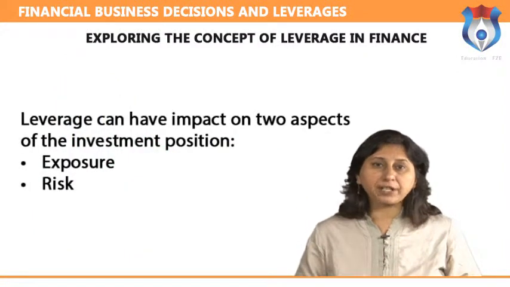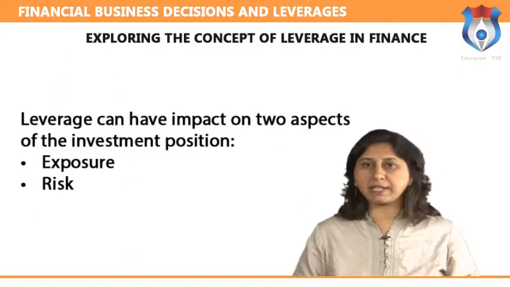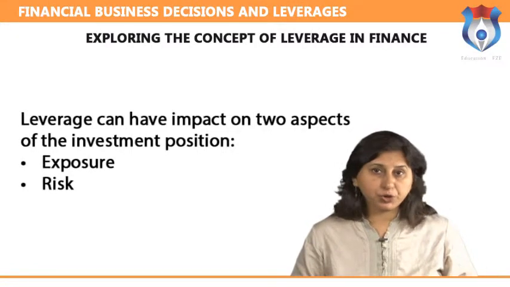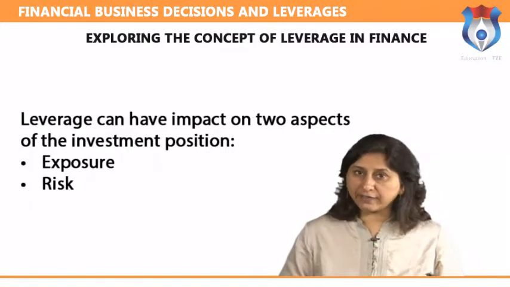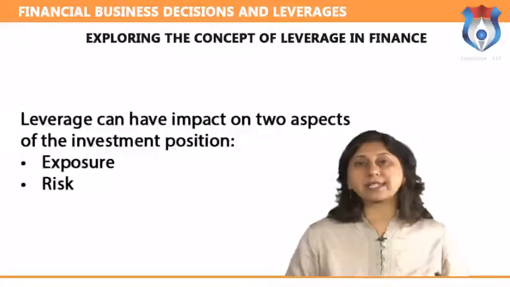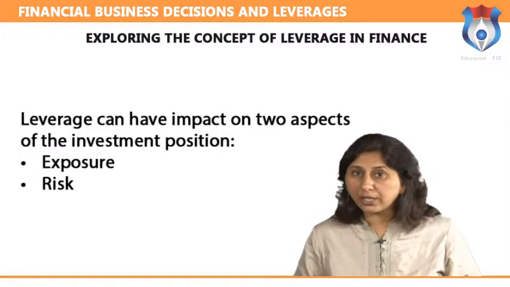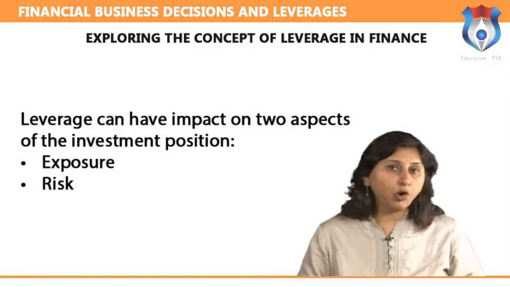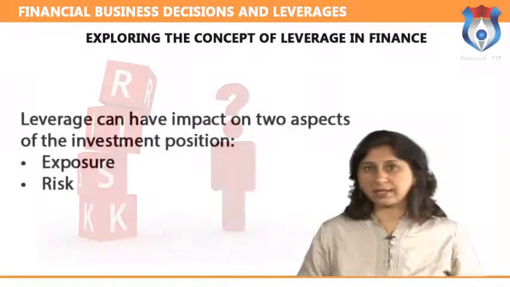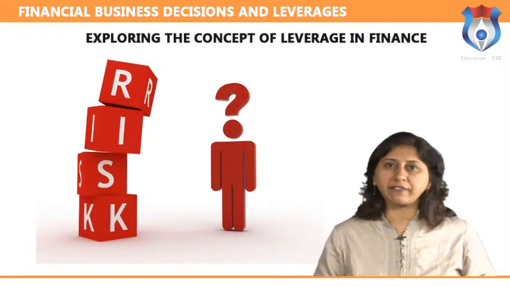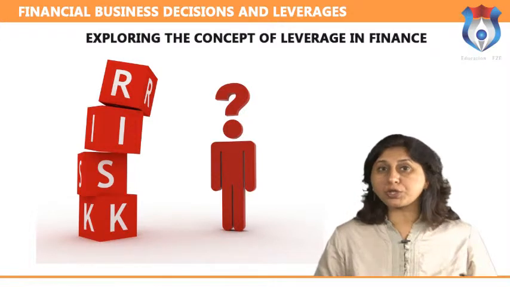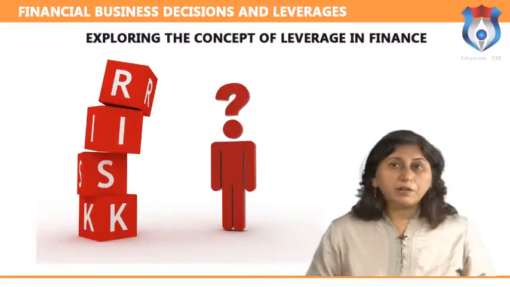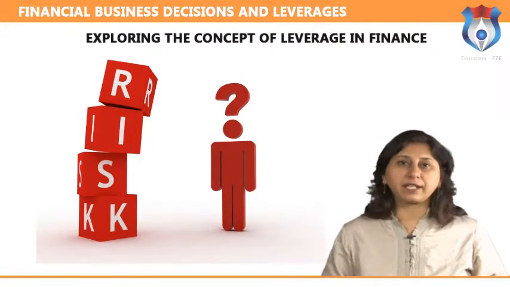Leverage can have impact on two aspects of the investment position. Exposure. Due to the extra investment, extra exposure is created to a market, region, investment style or factor. Risk. As a result of the extra investment, returns and also risks, or better, volatility are magnified.